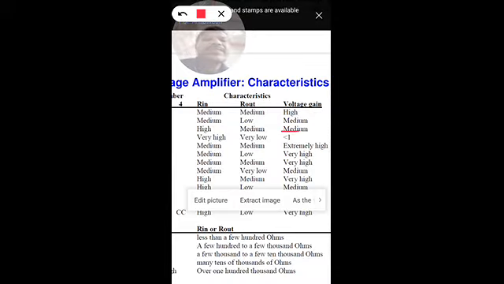That is only medium, because the voltage gain of the CE stage is medium. And in the second stage we are using CC. In the CE-CC combination, the voltage gain AV is medium.